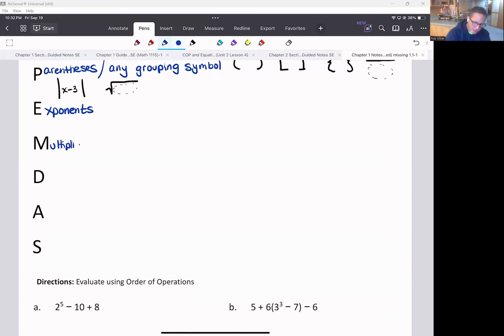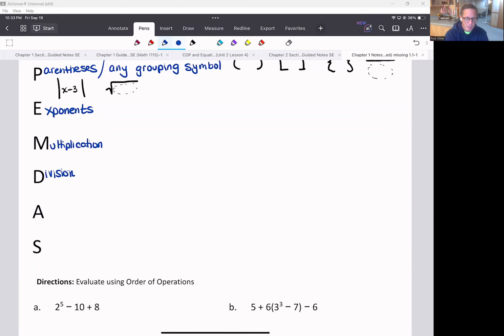Multiplication. And in this acronym, multiplication comes first, and then division comes second, which can be confusing because multiplication doesn't necessarily come before division, and division doesn't necessarily come before multiplication.